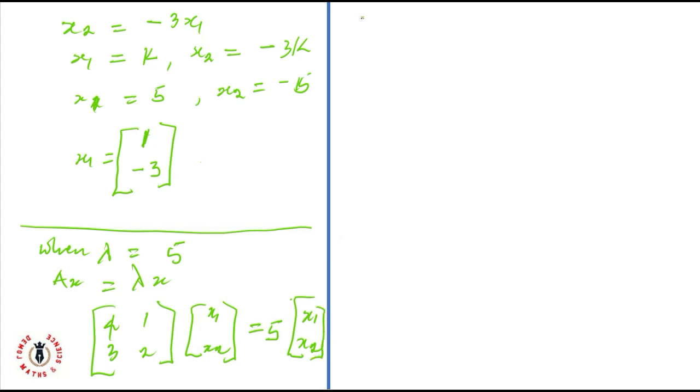So that obviously I'll have 4x1 plus x2 equal to 5x1. And I'll have 3x1 plus 2x2 equal to 5x2 again.